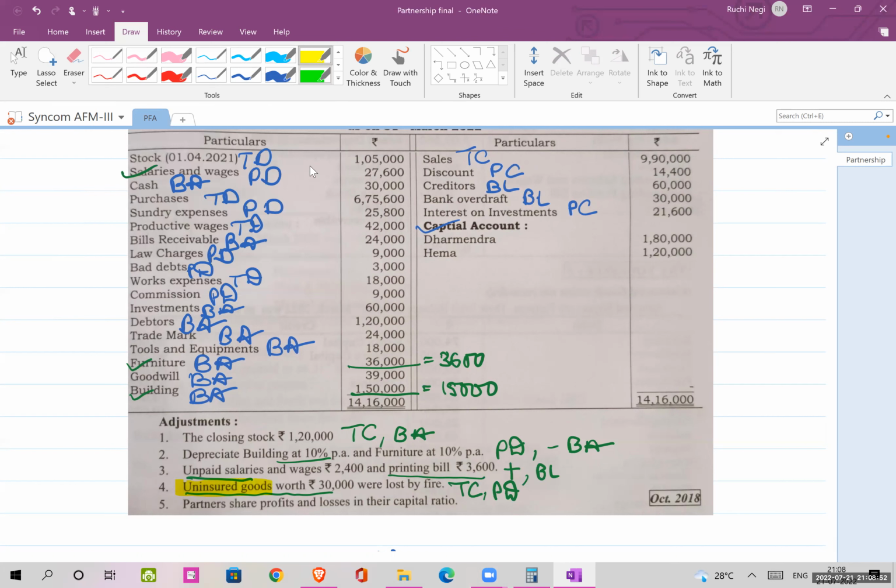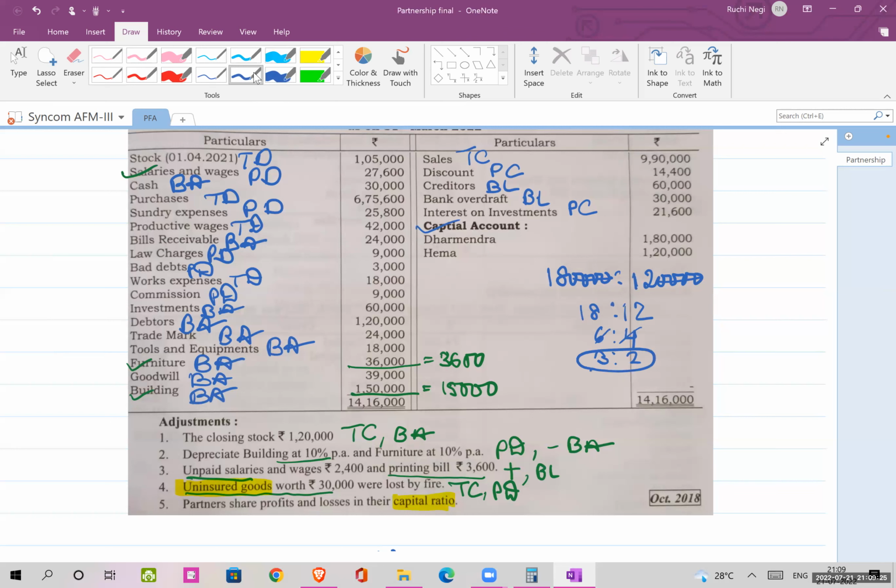Partners share profits and losses in their capital ratio. So what is the capital? This is the capital, 1,80,000 and 1,20,000. Cancel all the zeros, so it is 18:12, right? It will go in the table of 6. 3 6 and 3 4, it can be further reduced, 2 2 2 3.